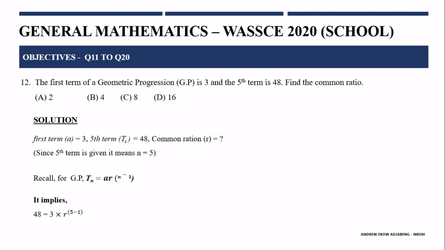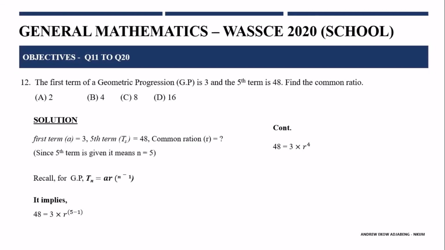It implies that when we substitute this into our equation, we are going to have 48, which is replacing the Tn, equals 3 times the r, which we don't know yet, all to the power 5 minus 1, where the 5 represents the number of terms. So it means that 48 is equal to 3 times r raised to the power 4.